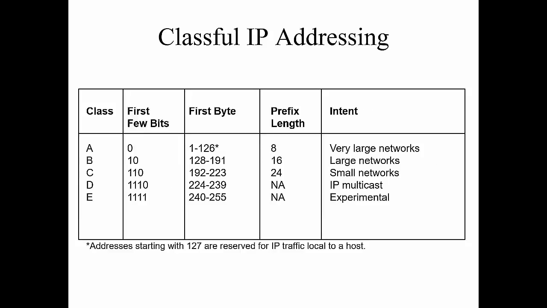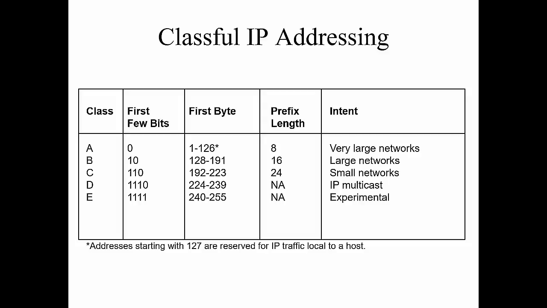So Class A, if the first octet starts with any number between 1 and 127, it's Class A, and normally is used for very large networks. Class B is between 128 and 191. Again, that's in the first octet, first grouping, and that's for a large network.